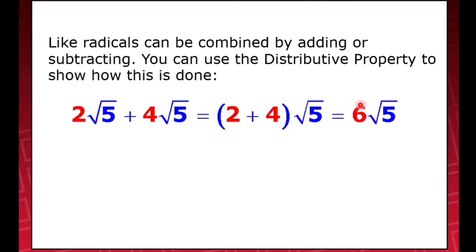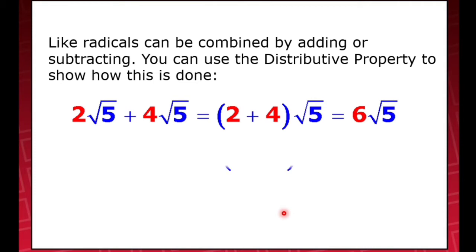So the final answer here is 6 square root of 5. Again, what we only add here is the 2 and the 4. So we have 2 plus 4, that is 6, and just copy the common radical, which is square root of 5.